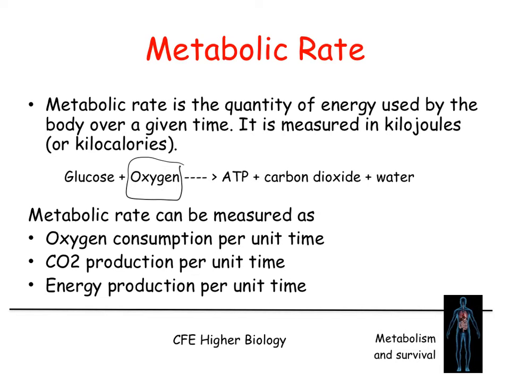Or we could measure how much carbon dioxide is given out, or we could measure how much energy is produced. We're maybe not measuring the actual amount of ATP, we're actually measuring the heat output, because that is a measure of how much energy is produced.